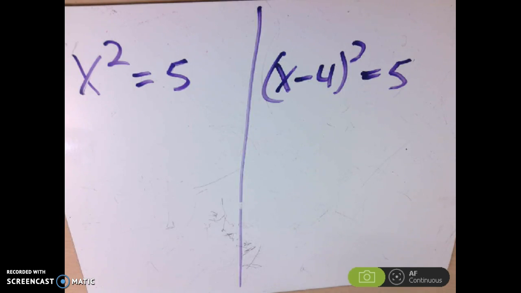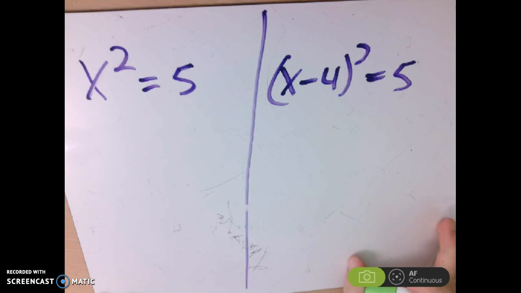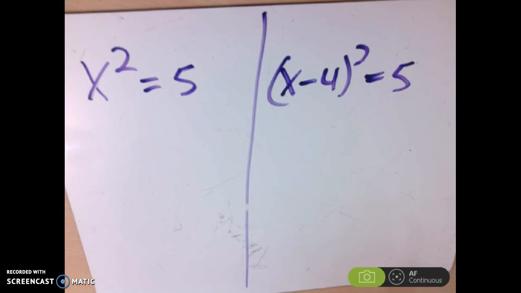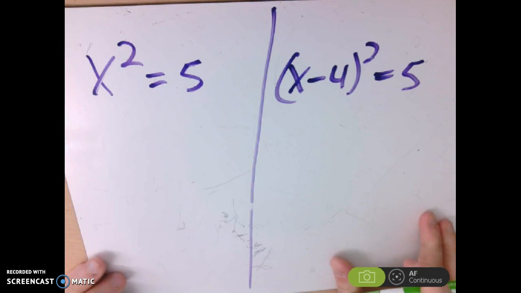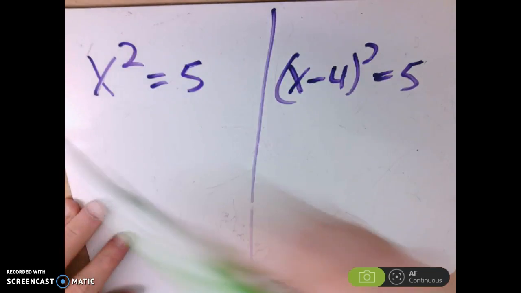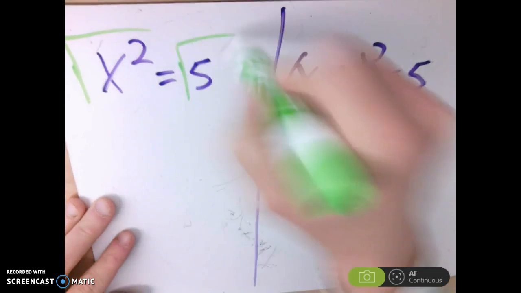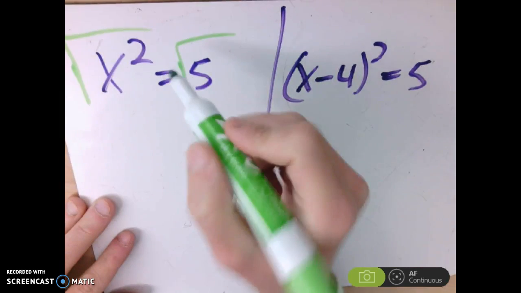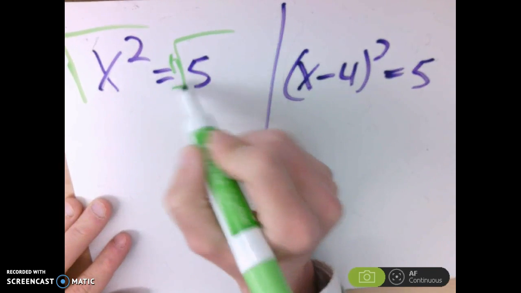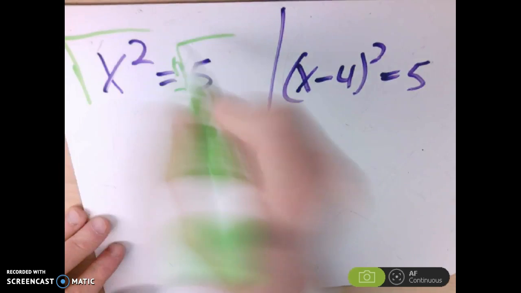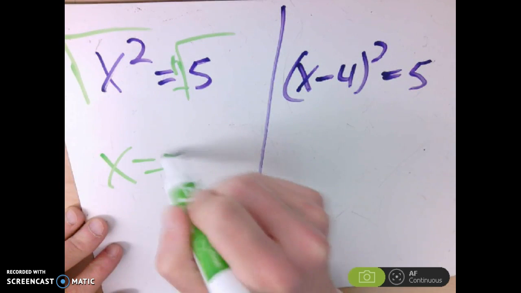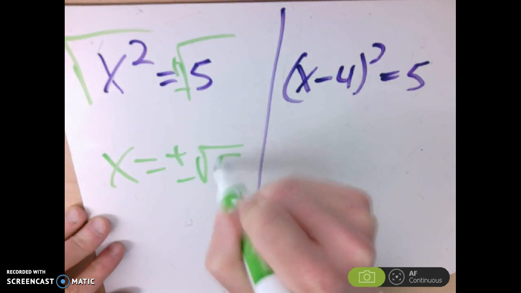Okay, my next two examples are quadratics that don't have just an x term. We've done these a lot already this year. You do the square root method. So if I take the square root of this side and the square root of that side, but remember, whenever I take the square root, I have to do plus or minus. So the square roots will cancel out, and I get x equals plus or minus the square root of 5.